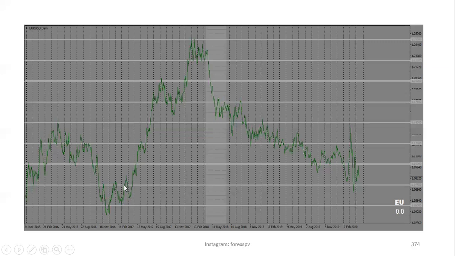Like here we had a bullish breakout, but then price failed to complete it. So if price fails to complete it, then that's a failed completion of the large quarter, and we expect price to return back to the large quarter point below it. Or if it's a bearish breakout like this, we expect price to return to the large quarter point above it.